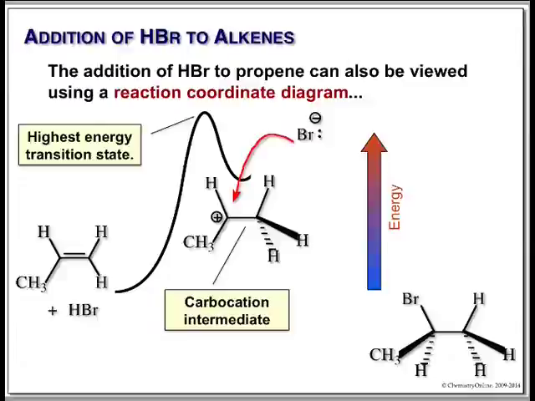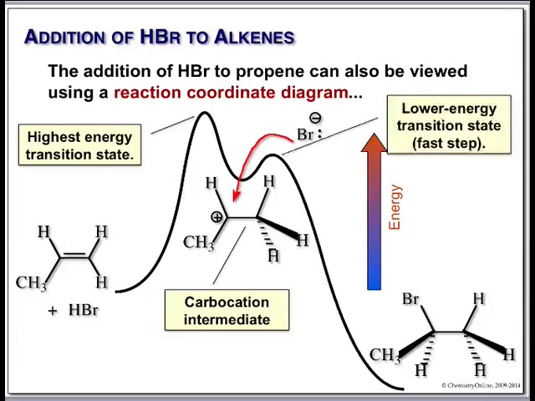There's one. Bromide attacks. We have a fast step now, so a small activation energy to give our final product. Slow step, also called the rate limiting step, gives us our intermediate. Fast step gives us our product.